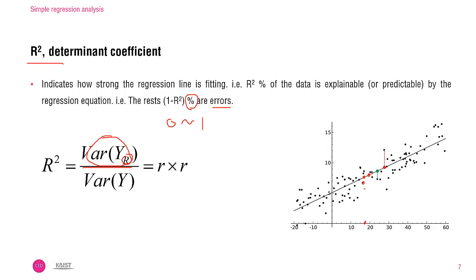Therefore, when the actual y values are closer to the regression line, the denominator will be closer to the numerator. On the contrary, when the actual y values are far away from the regression line, the denominator will be bigger.